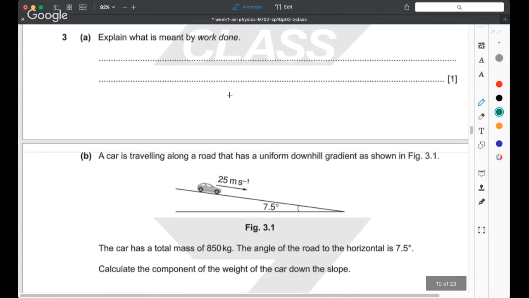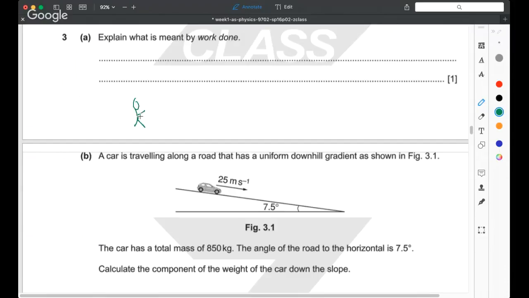What is work done? Work done is force times the distance moved, the displacement.